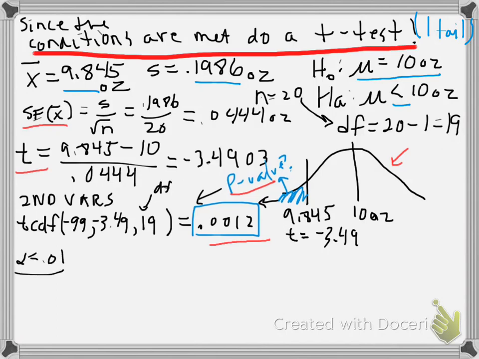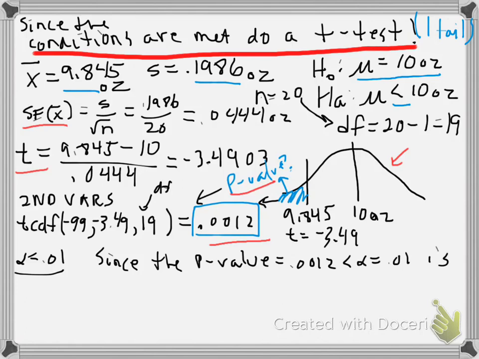They didn't tell us. So we'll say, since the p-value equals 0.0012, which is less than alpha equal 0.01, is small, reject the null hypothesis.